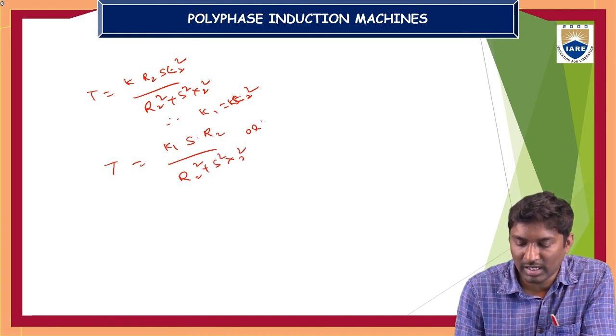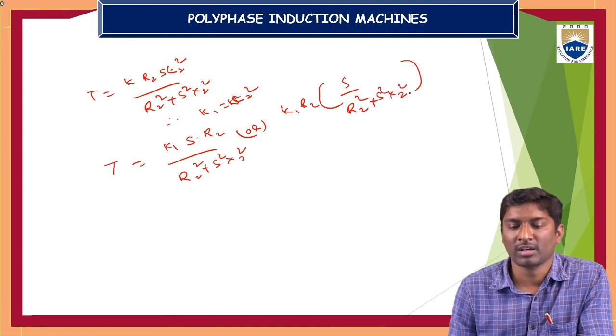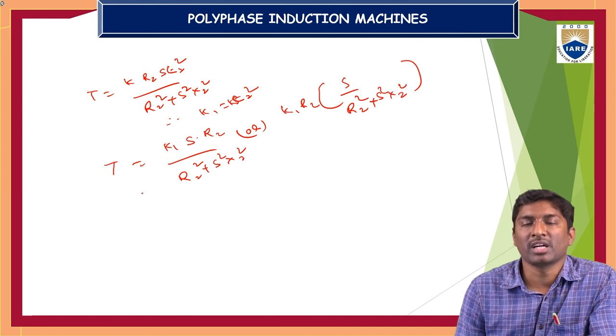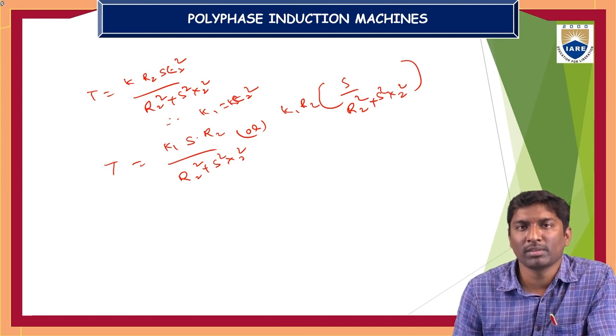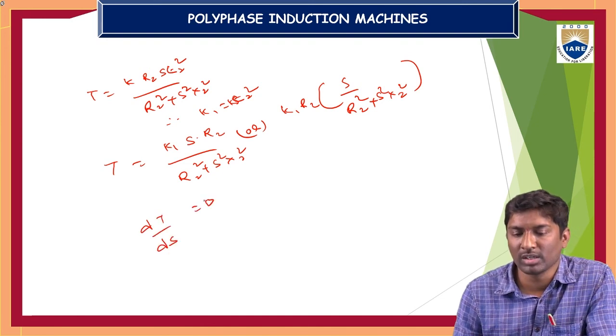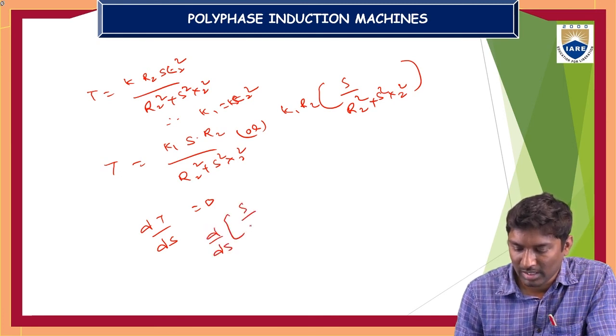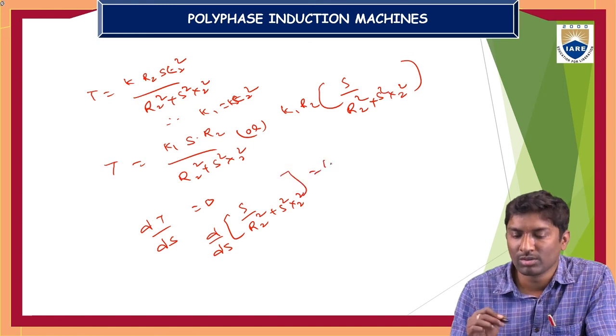For this torque equation, I differentiate with respect to the slip and set it equal to 0, that is dT by dS equal to 0. Then I get d by dS of S divided by R2 square plus S square into X2 square equal to 0.